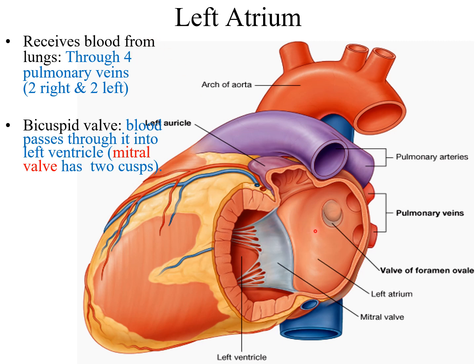So it receives blood from the lungs through four pulmonary veins, two right and two left, and the bicuspid valve, also known as the mitral valve, has two cusps.